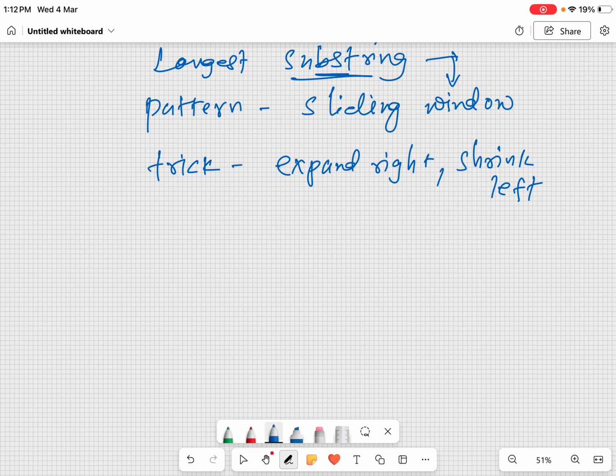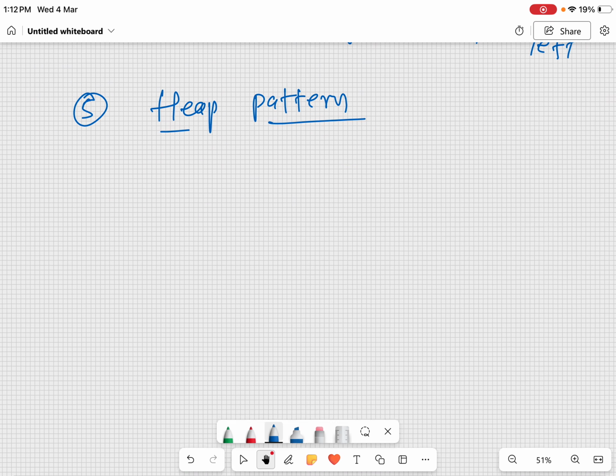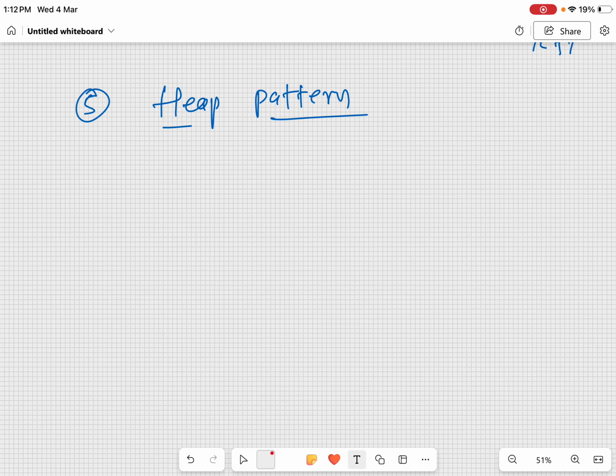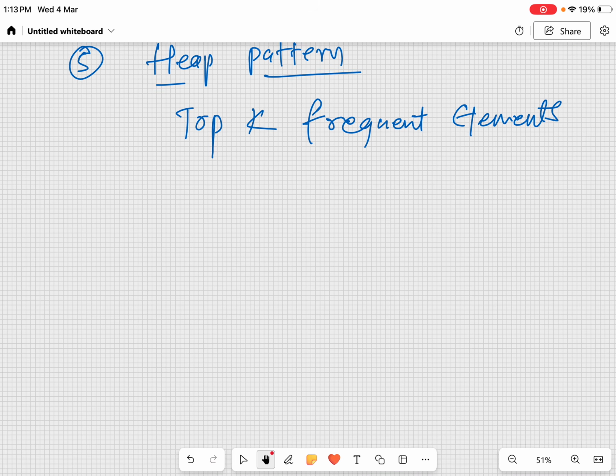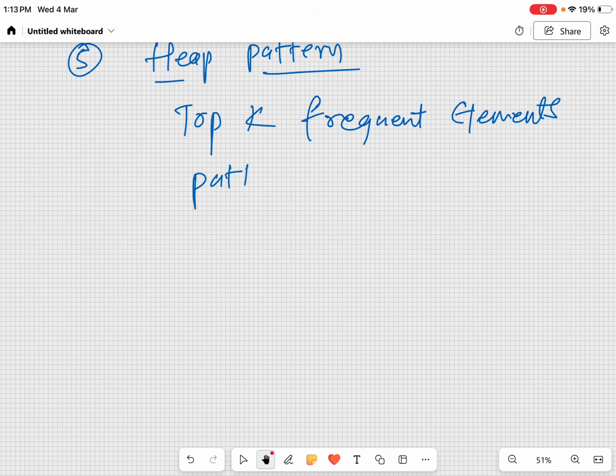So next I would say the heap pattern. In the heap pattern, the problem is finding the top k elements, top k frequent elements, I would say. Correct. So the pattern we use is heap here.